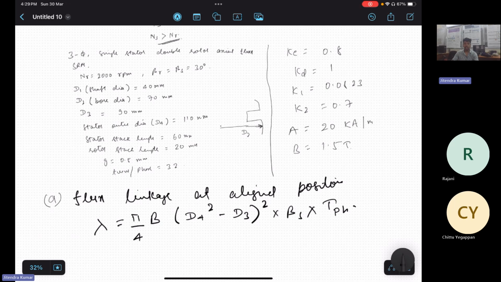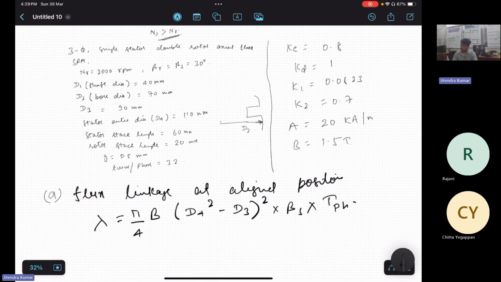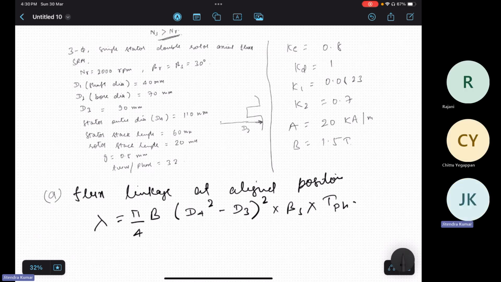So here I believe we can calculate the flux linkage. D4 is mentioned as 110, right? And D3 is mentioned as 90. So can we calculate it?